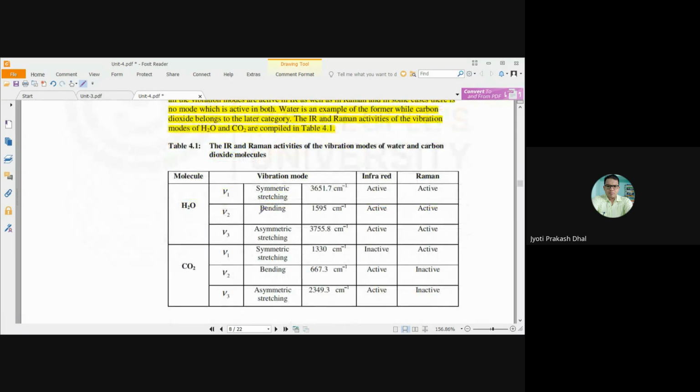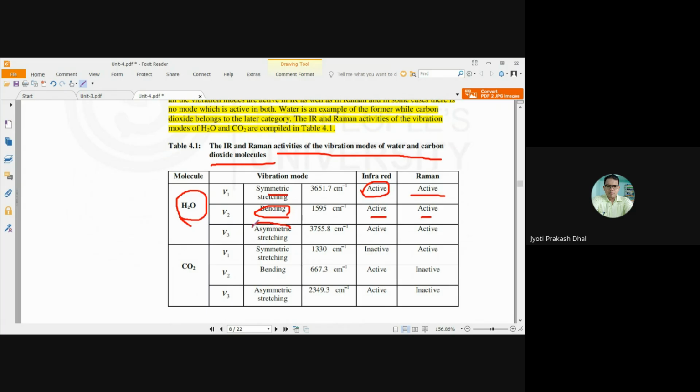So these are the IR and Raman activity of vibrational modes of water and carbon dioxide molecules. Initially we discussed the different vibrational modes for the water molecule. The first one is symmetric stretching, which is infrared active but Raman inactive. The next one is bending, which is infrared active, Raman active.